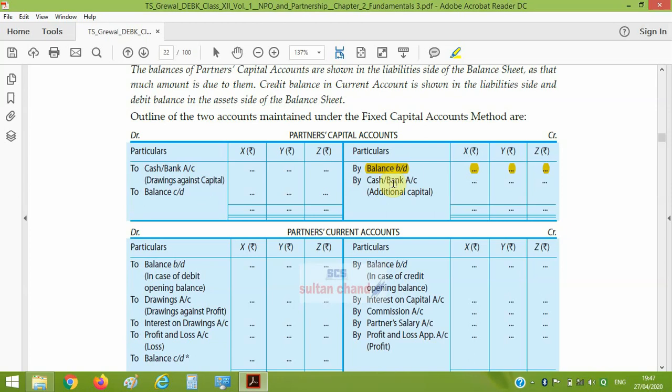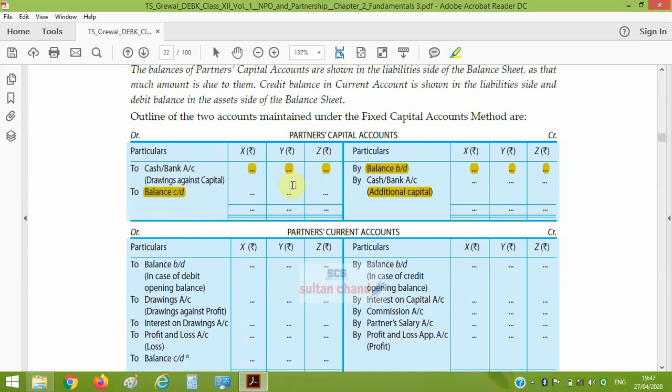When it is posted in the capital account, it will be by cash or bank, additional capital introduced by the partner. Then if any partner withdraws capital, it will be to bank or cash, drawing against capital, and it will be deducted from their account by debiting the amount, and the result will be balance carried down.